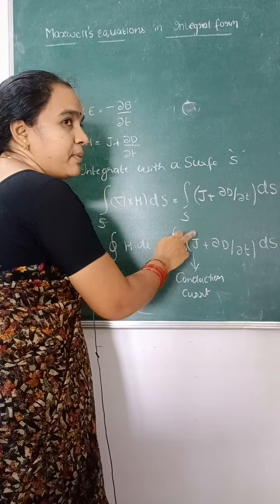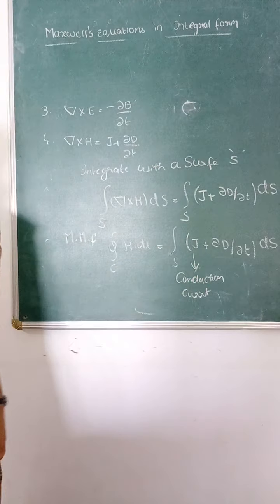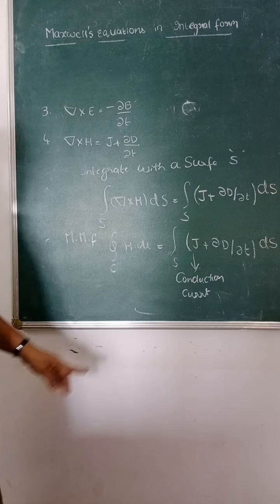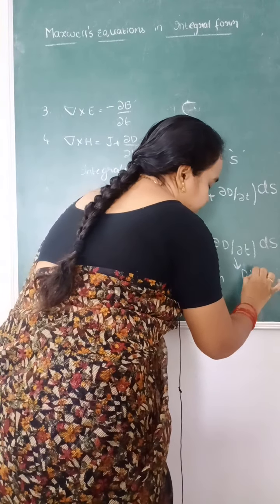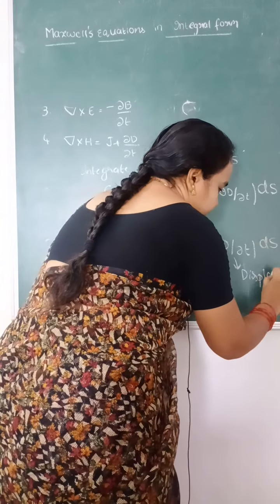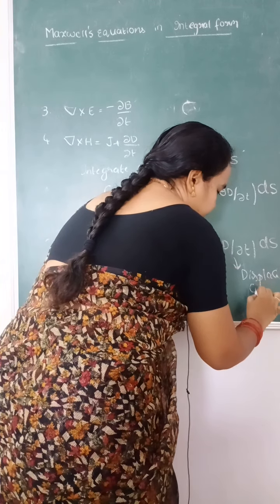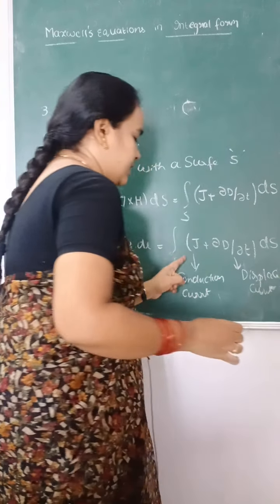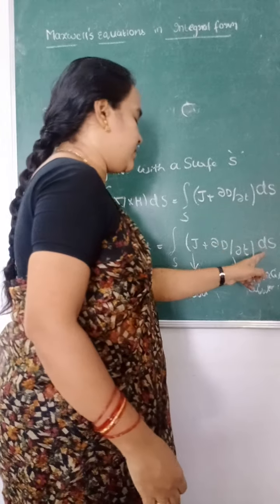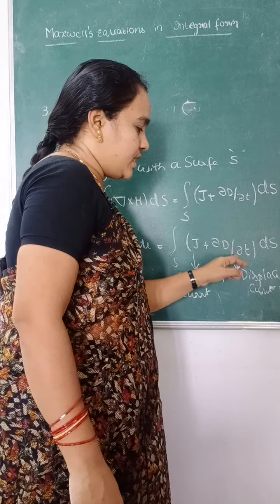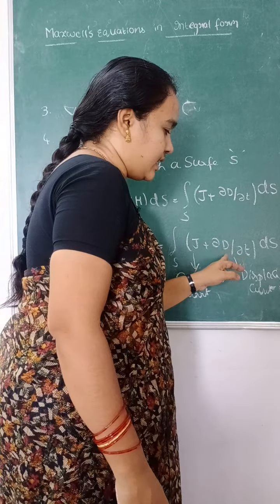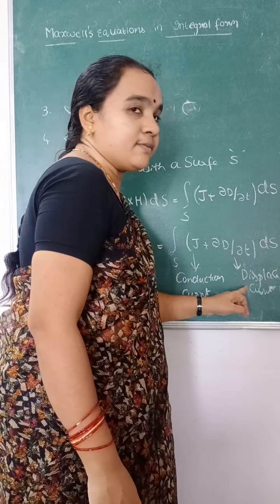The current flowing per unit area is the conduction current, and this D term gives the displacement current. The surface integral of J dot ds is called the conduction current. The rate of change of displacement vector is called the displacement current.